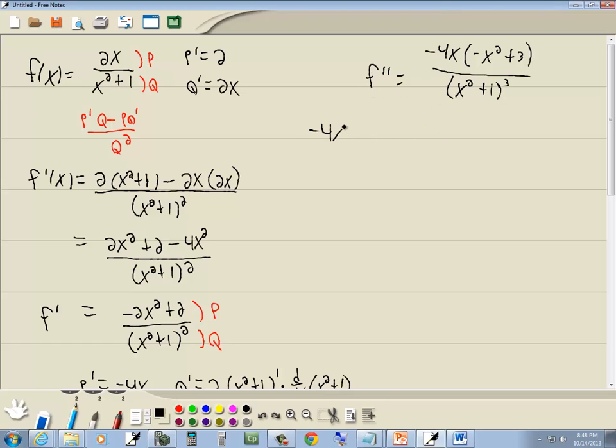I'll set negative 4x times negative x squared plus 3 equal to 0, and x squared plus 1 to the 3rd power equal to 0. Now this is already factored, so I'll set each factor equal to 0. I'll set negative 4x equal to 0, and negative x squared plus 3 equal to 0. Now for negative 4x equal to 0, I'll divide both sides by negative 4.